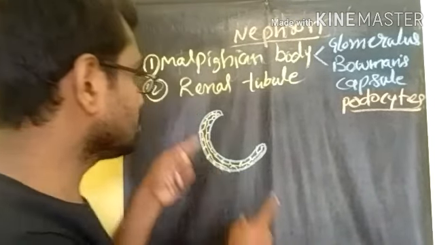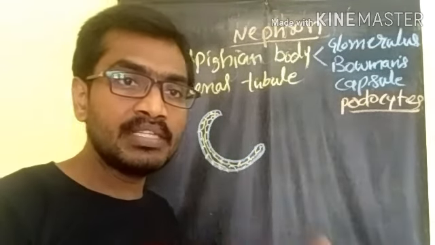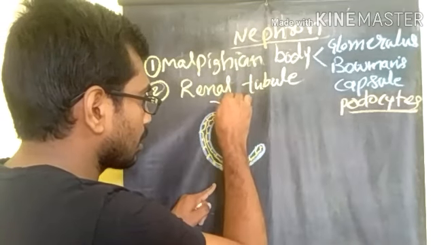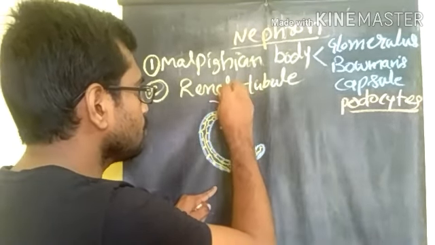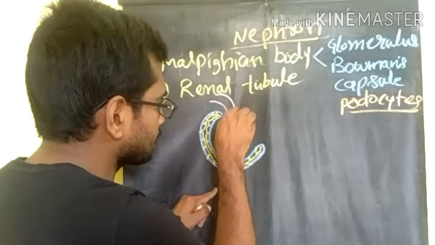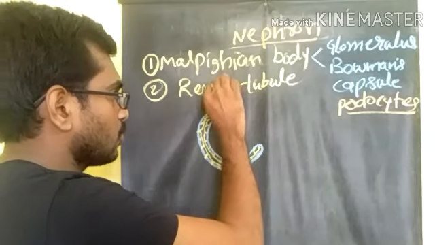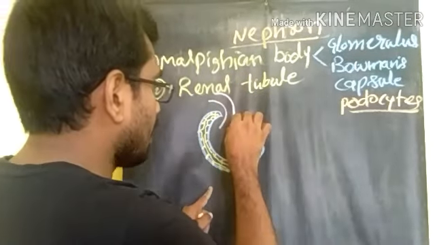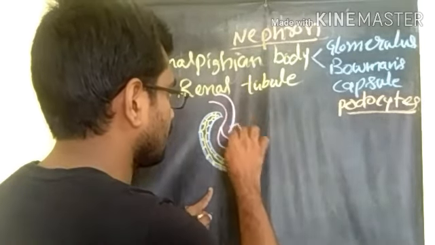In the cortex region, we have this Bowman's capsule. One of those arterioles enters into the cup-like Bowman's capsule and forms a network of blood capillaries.